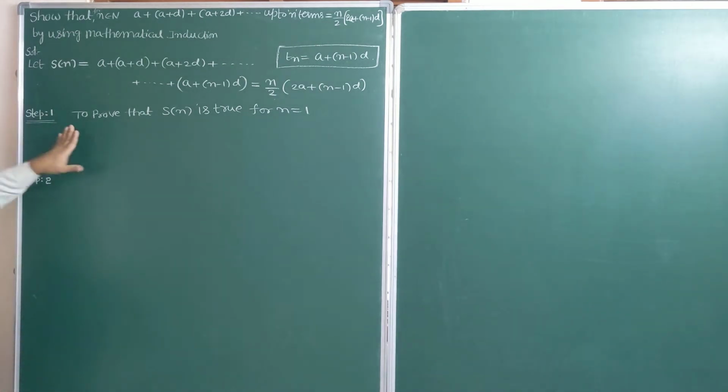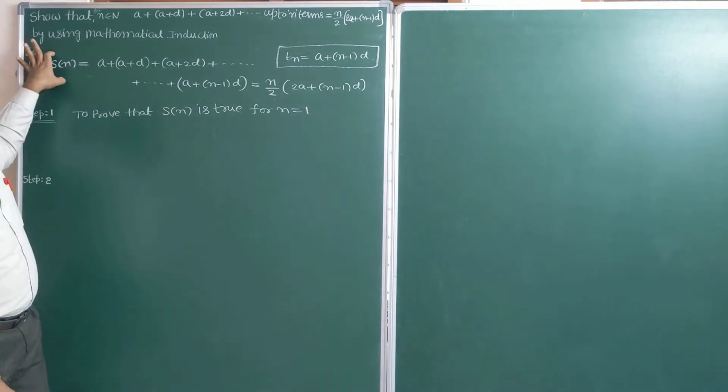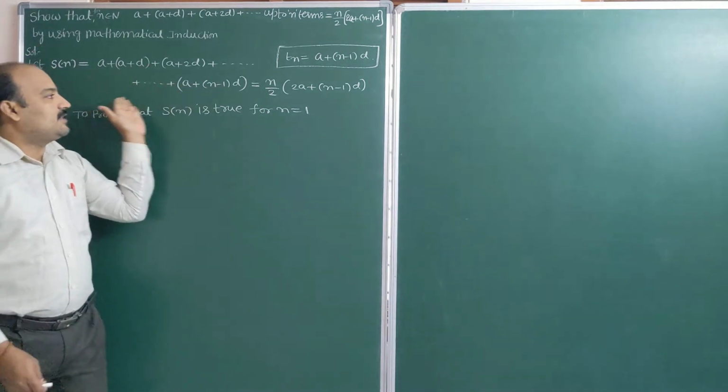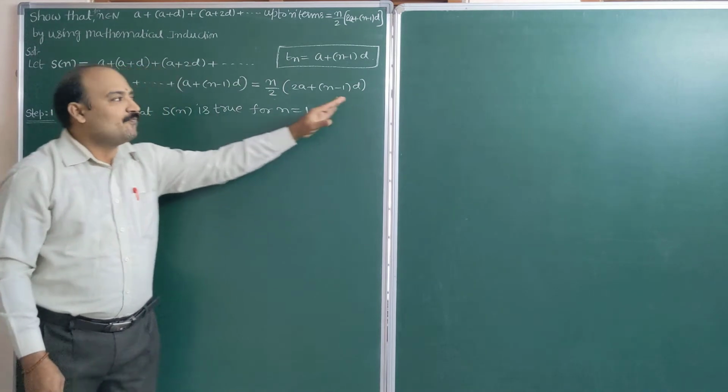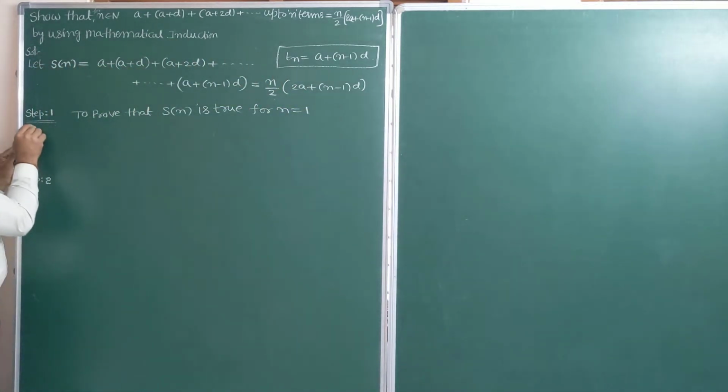In statement S of n, this part is LHS, this part is RHS. The nth term, whatever we got, that is the LHS of the statement.